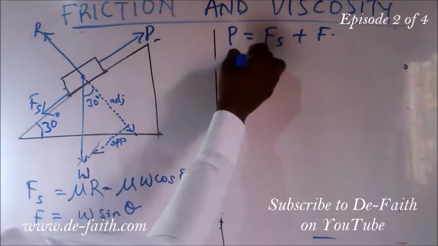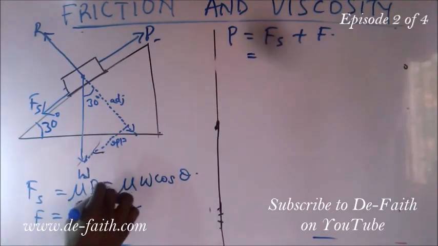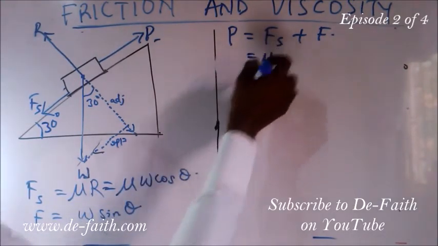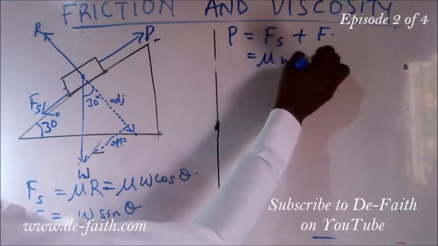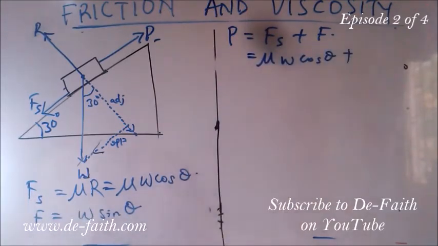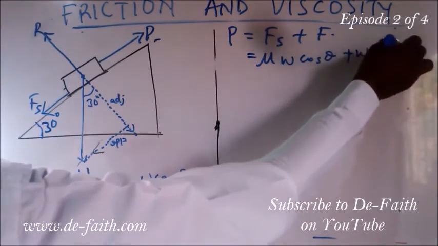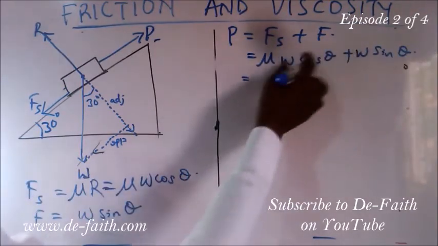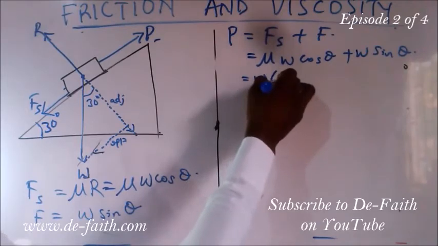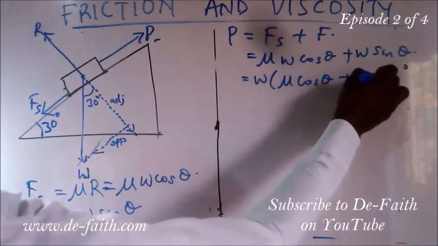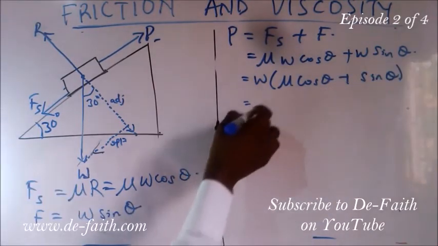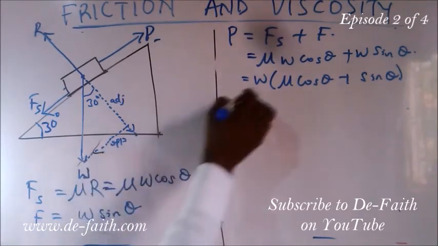Alright? Now, Fs here is equal to this. That's coefficient of friction times W cos theta plus this F, which is W sin theta. So we have W, which is common here. So we have W into brackets, μ cos theta plus sin theta. Now W here is written as mg.